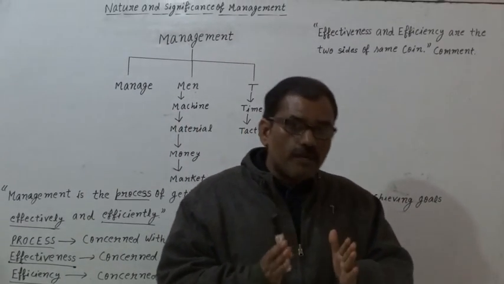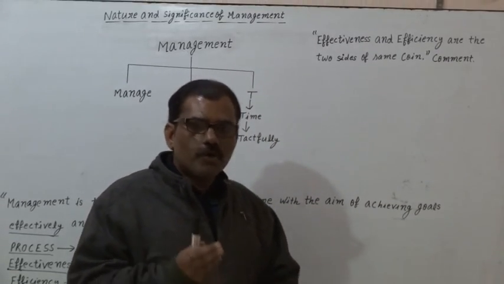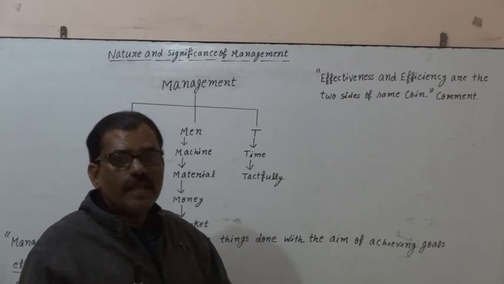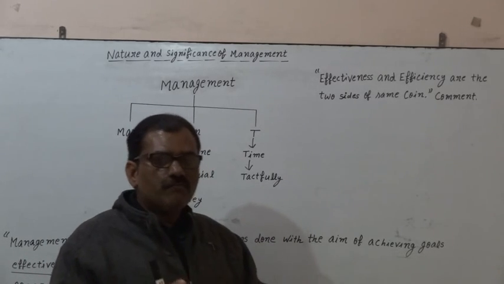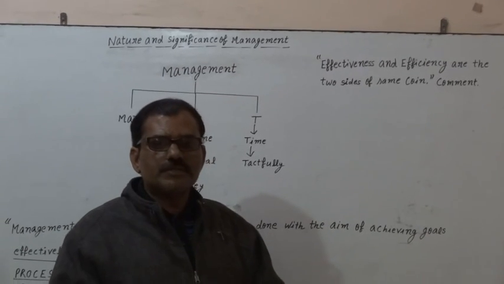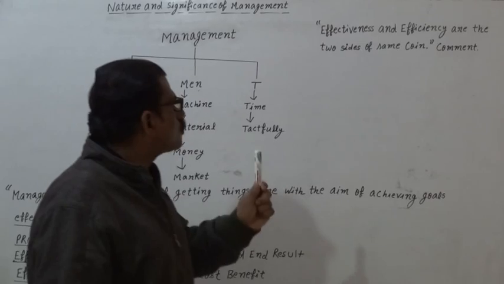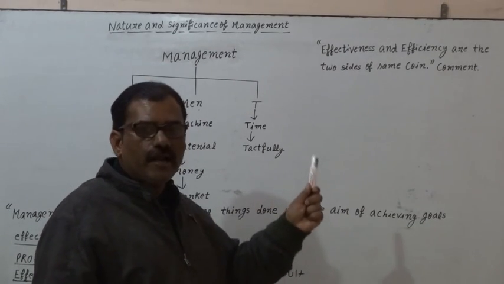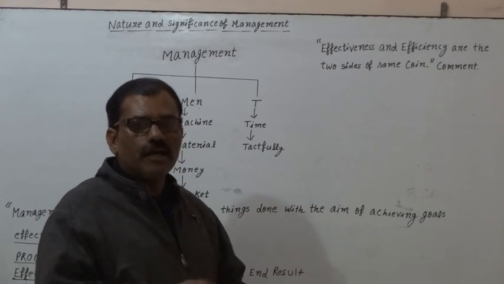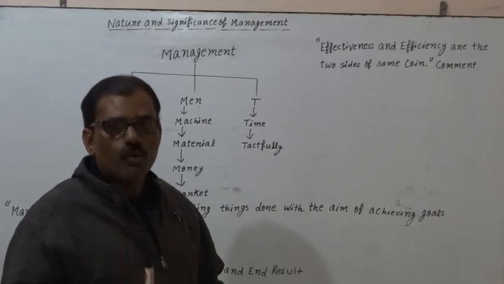Cost of the product should be minimum. If the cost of product increases, then the organization will not be able to stand before its competitors in the market. So, a manager should be effective and efficient both. Neither effectiveness nor efficiency should be ignored.